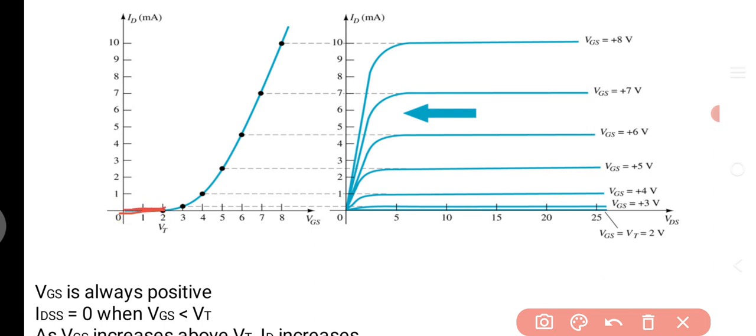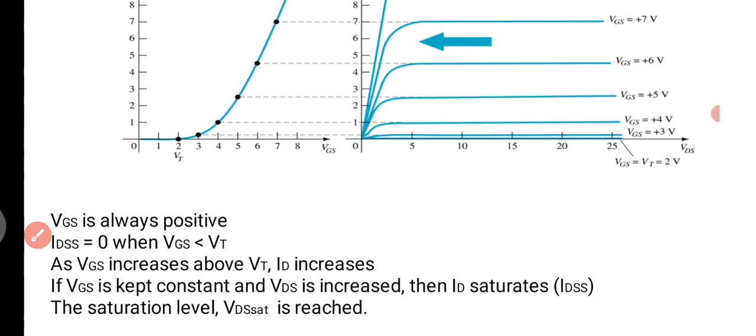When VGS increases in the positive direction, ID will increase. At the same time, when VDS is increased, then ID saturates.